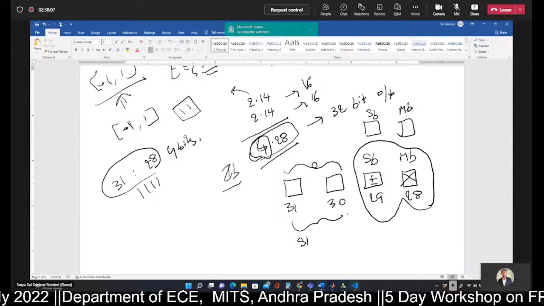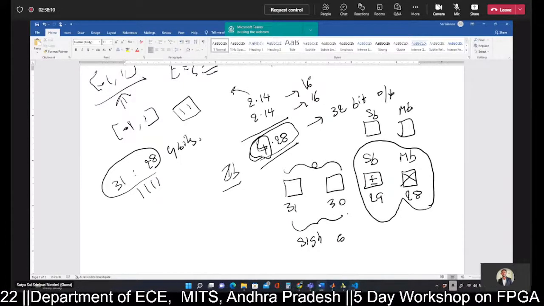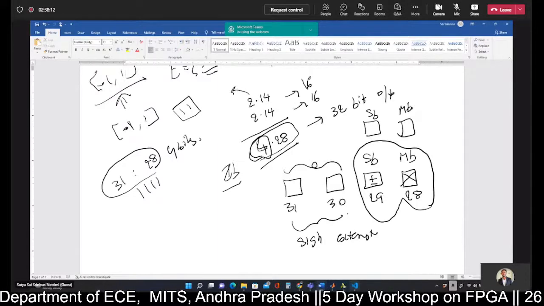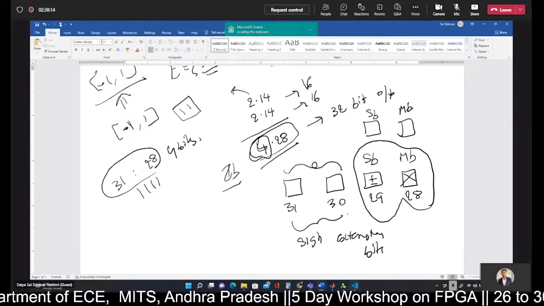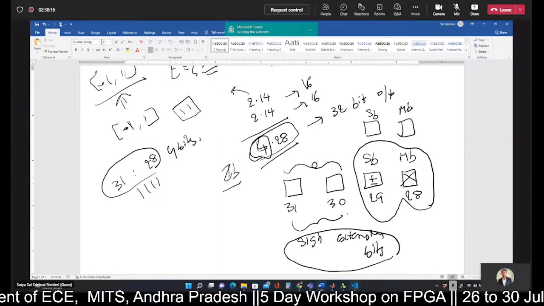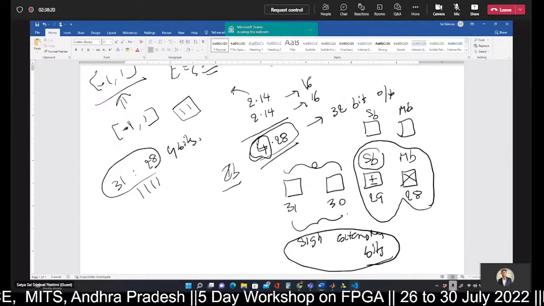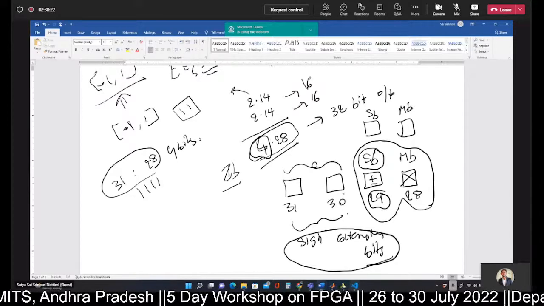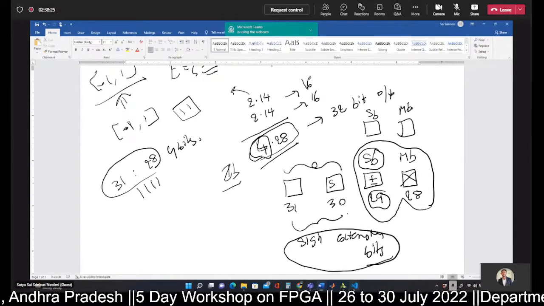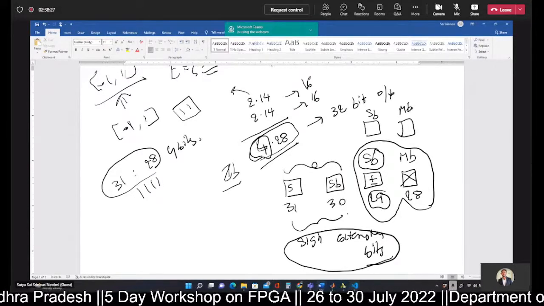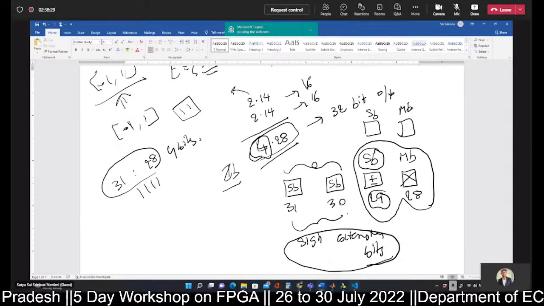This is the sign extension bit. If you clearly observe the representation, this is nothing but sign extension. Whatever sign bit we are getting here at the 29th bit, the same copy is copied into bit number 30 and bit number 31. Sign extension.